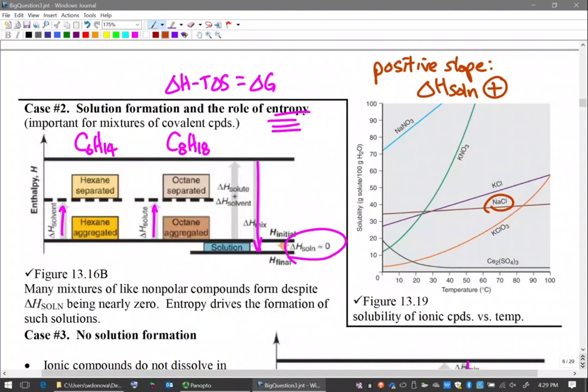The cerium sulfate on there is a negative sloping curve, which means that it has an exothermic heat of solution. Not drawn on here for whatever reason is NaOH. NaOH we know is exothermic for heat of solution. That would also be a negatively sloping curve. We'd need data points to know how to plot it. I'm not going to just draw a curve on there willy-nilly, because I need data.